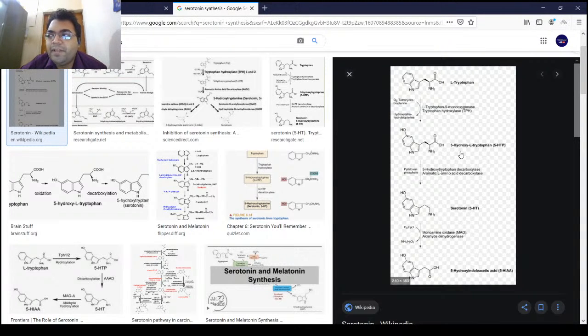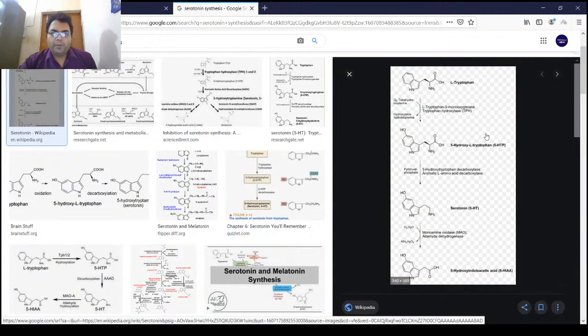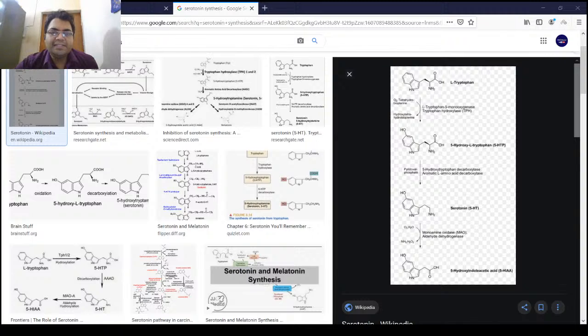This 5-hydroxytryptophan will later be decarboxylated. The decarboxylation will lead to the formation of 5-hydroxytryptamine, and 5-hydroxytryptamine is known as serotonin directly.